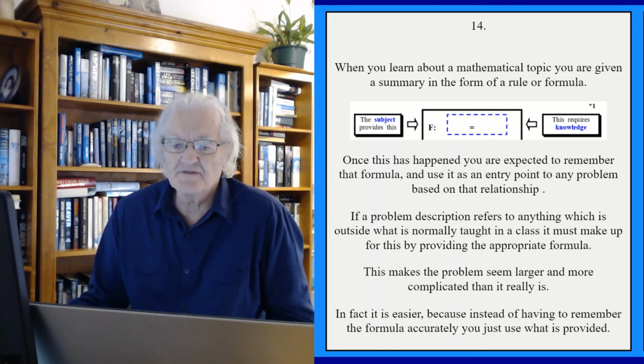If a problem description refers to anything which is outside what is normally taught in a class, it must make up for this by providing the appropriate formula. This makes the problem seem larger and more complicated than it really is. In fact, it is easier, because instead of having to remember the formula accurately, you simply use what has been provided.